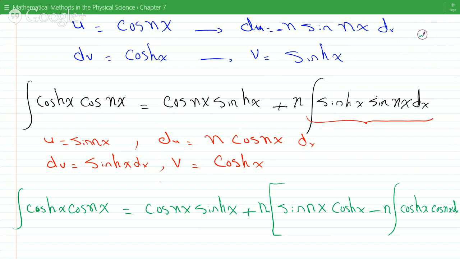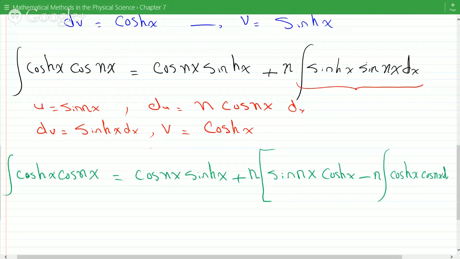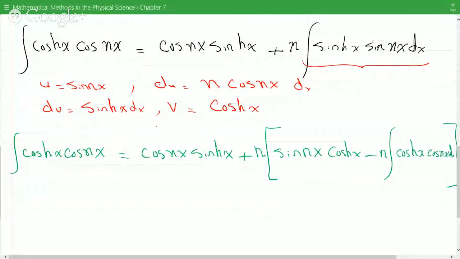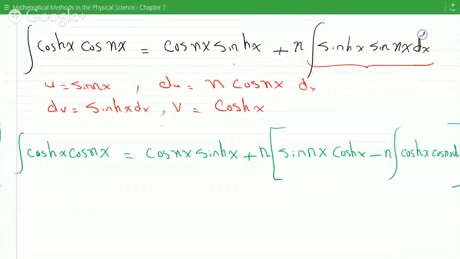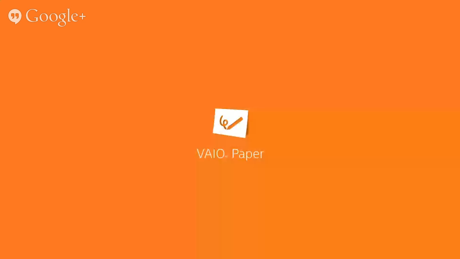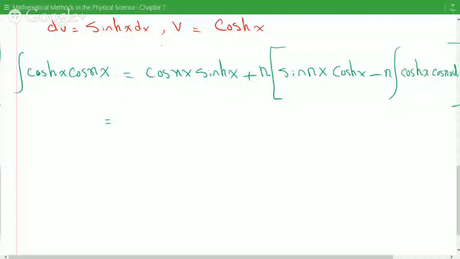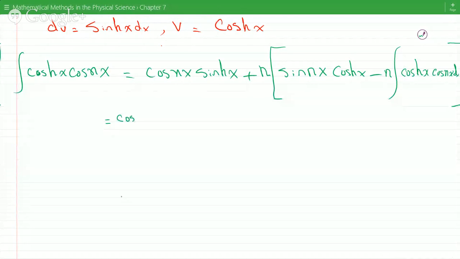You can see that it repeats. So now we can move it to the left. So this becomes cosine nx sine hyperbolic x.